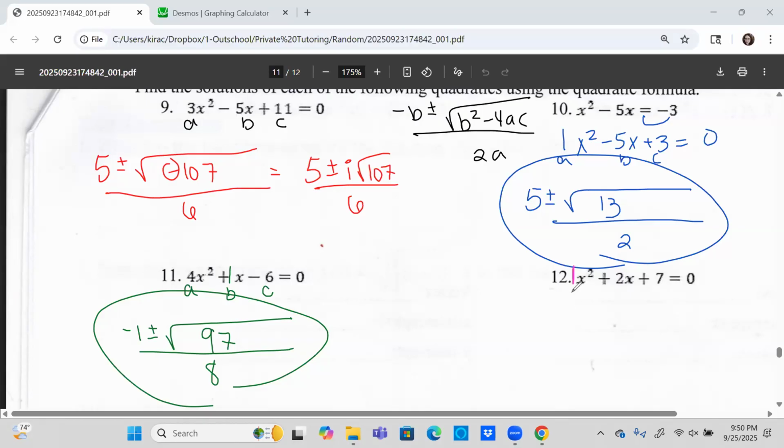Final one, there's a 1. A, B, C. Negative B plus or minus B squared, so 4 minus 4AC all over 2A. Well, 2 times 1 is 2. Calculator for the inside. That's -24. Okay, we don't like the negative. Take it out, make it an i. Now 24 does break down, right?